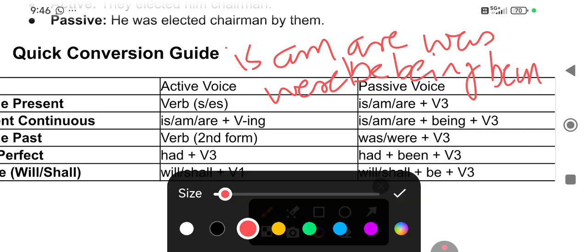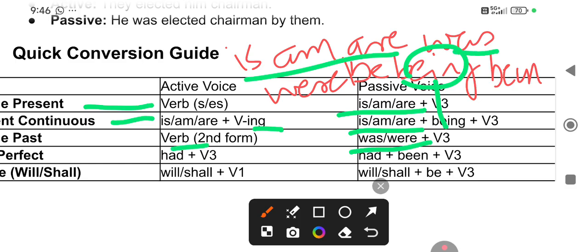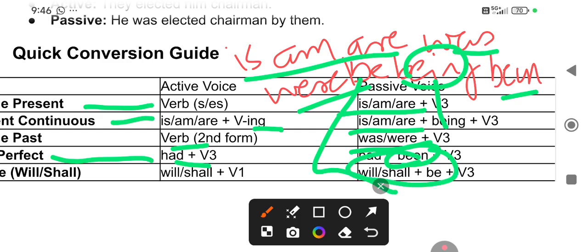For simple present tense it is is, am, are. For continuous it is also am, is, are, so here you have to choose being for the continuous tense. For past tense, second form, was and were. For has, have, had, perfect tense, been, and be, which is remaining, for will or shall.